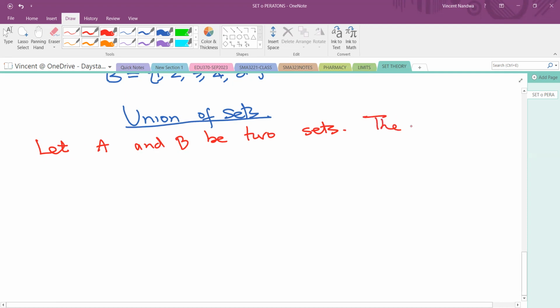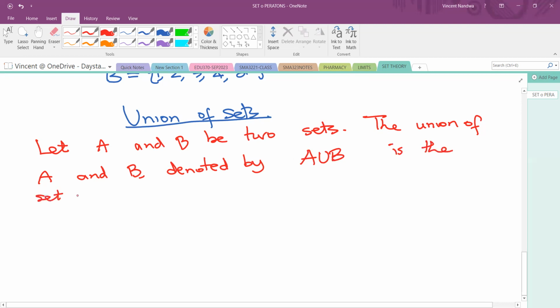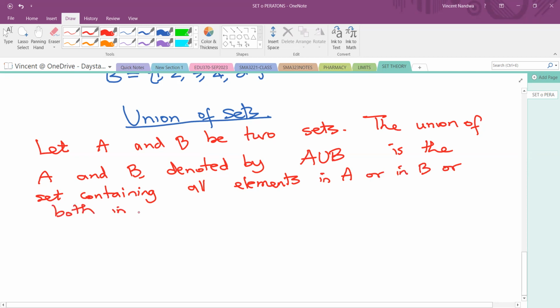The union of A and B, usually denoted by A union B, is a set containing all elements in A or in B or both in A and B.